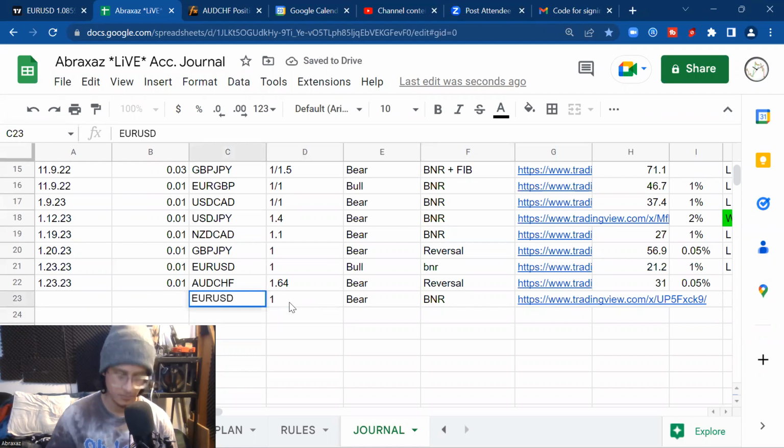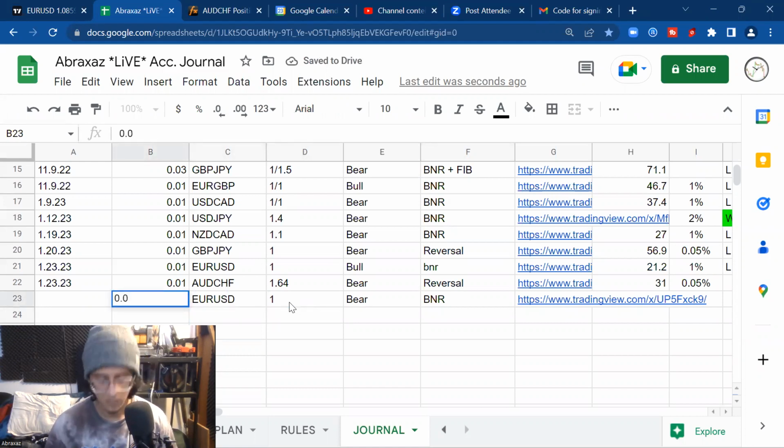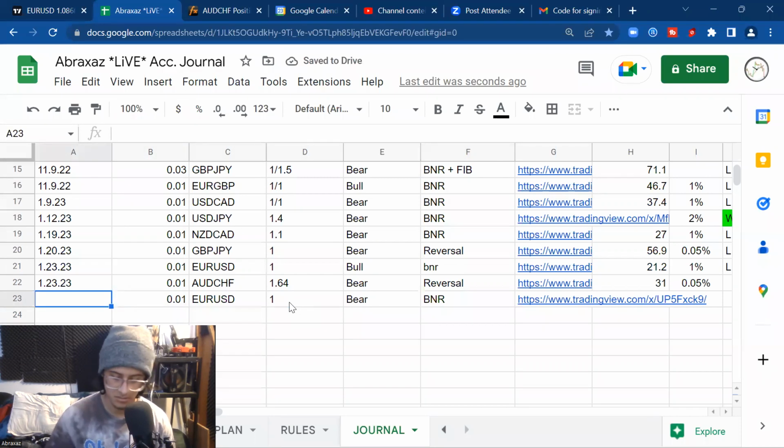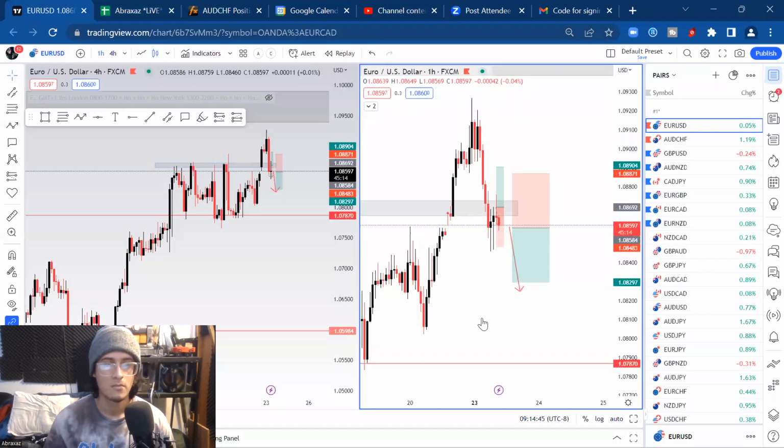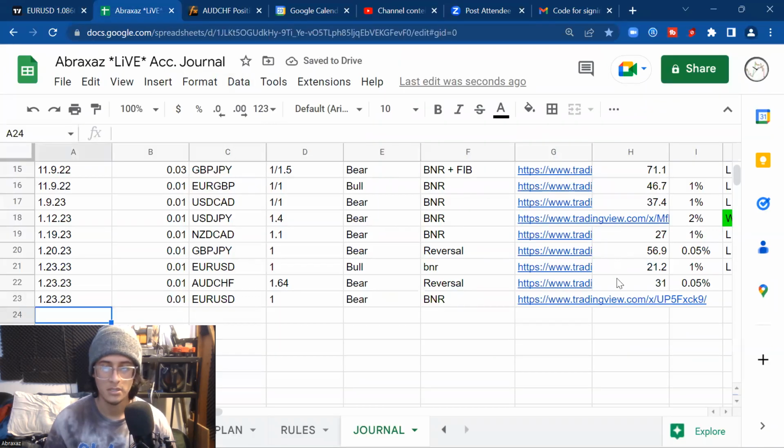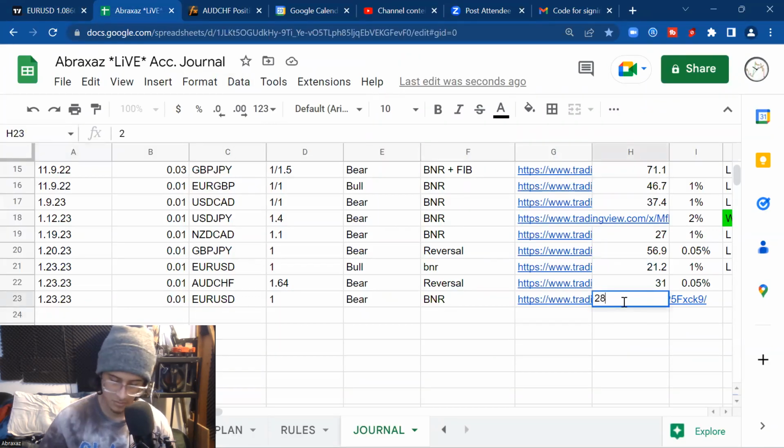Euro USD. And as usual, a 0.01 lot position. Oops. Potential pips is about 30. That's about it.